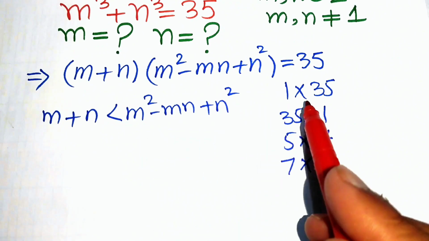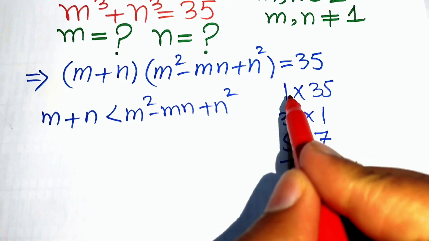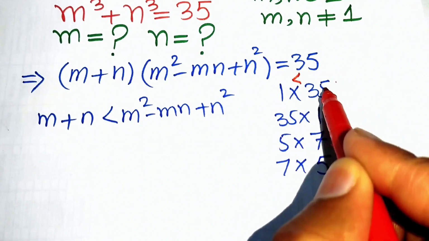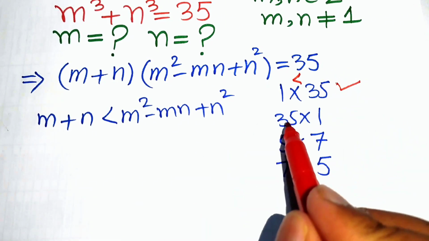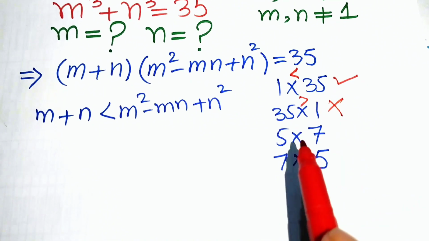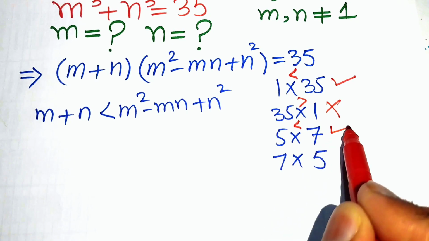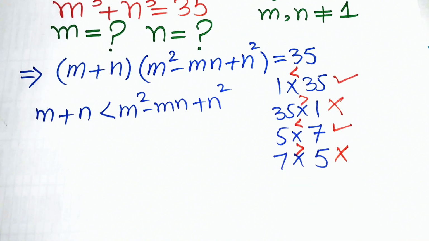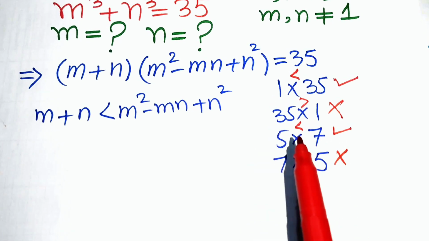The first factor is 1 and the second is 35, and 1 is less than 35, so it fulfills the condition and we choose it. With 35 and 1, the first factor is greater than the second, so we cannot choose this. Similarly, 5 is less than 7, so we choose this one, and 7 is greater than 5, so we cannot choose it. So we have two possibilities, 1 times 35 and 5 times 7.